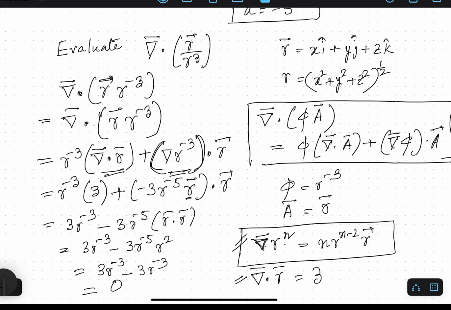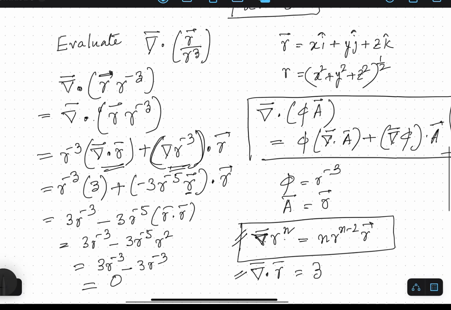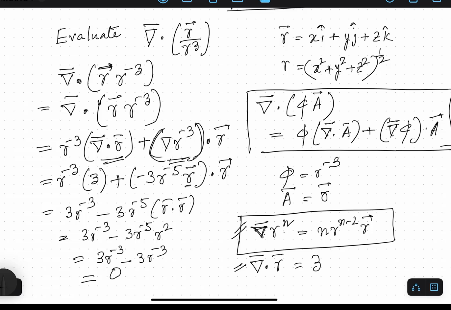So we are asked to calculate divergence of vector r divided by r to the power of 3. The vector r is xi cap plus yj cap plus zk cap, and the magnitude is root over x square plus y square plus z square. We use the identity divergence of phi a, where phi is scalar and a is vector, to break this term.